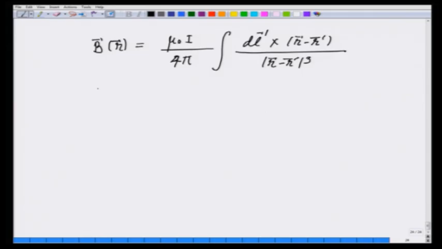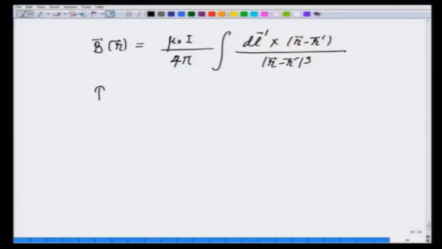This also now tells us the properties of magnetic field. So, this is known as Biot-Savart law, and it is for those cases where dI/dt is 0.